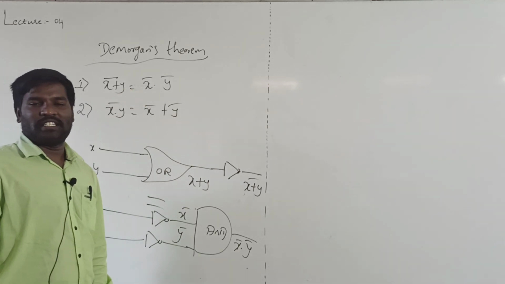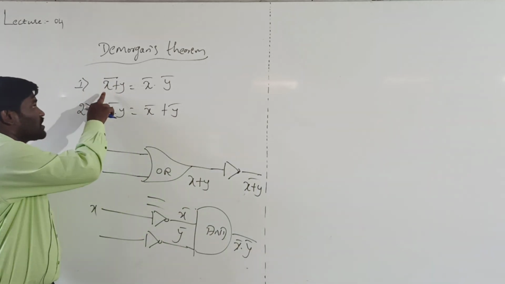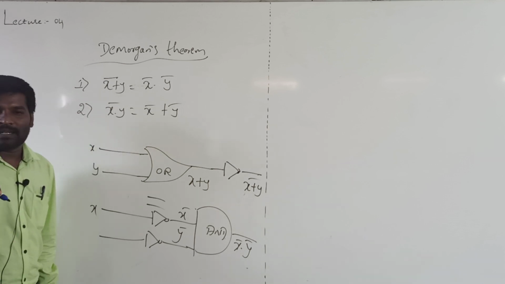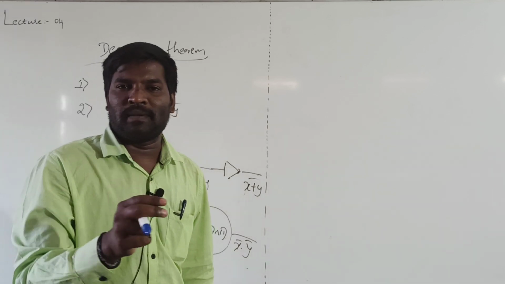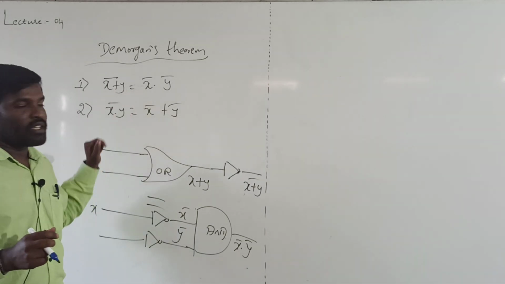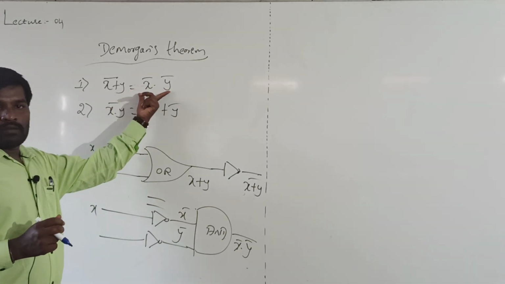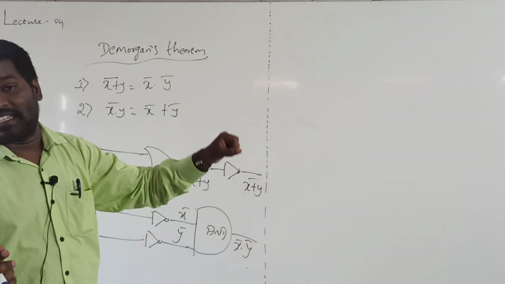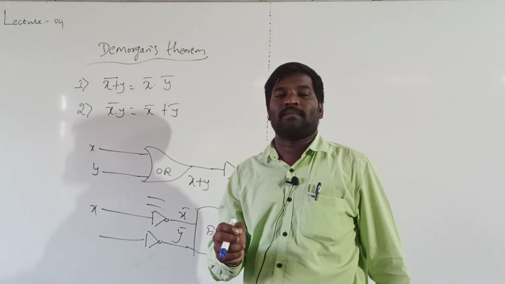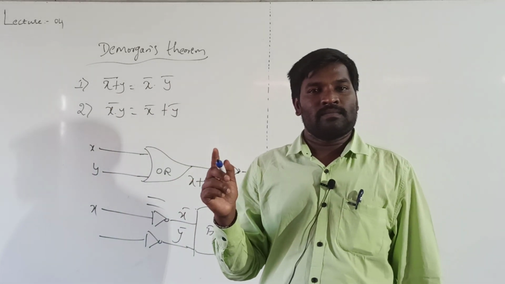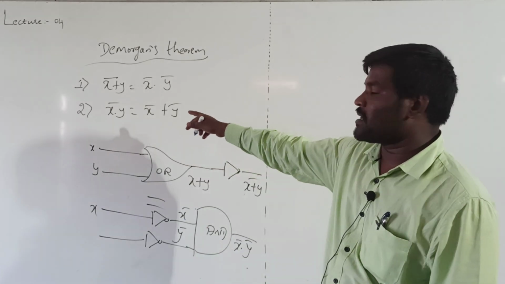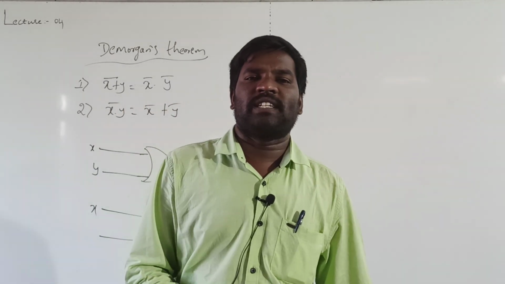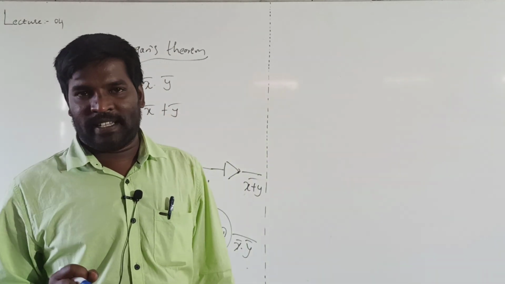The statement of De Morgan's first theorem is, see here, the complement of the sum of two variables is equal to the product of the complements of the individual variables.